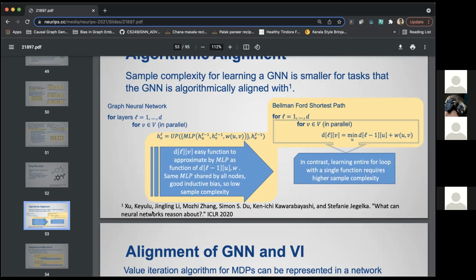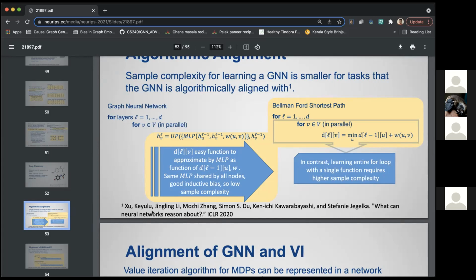But if you have aggregation and MLP that's not aligned with the algorithm, then it's very hard, or in some cases not possible, to learn the same function as the DP algorithm. In that case, it would take a lot more samples to learn a local minimum, because the local minimum that you learn is different from the true algorithm from dynamic programming.